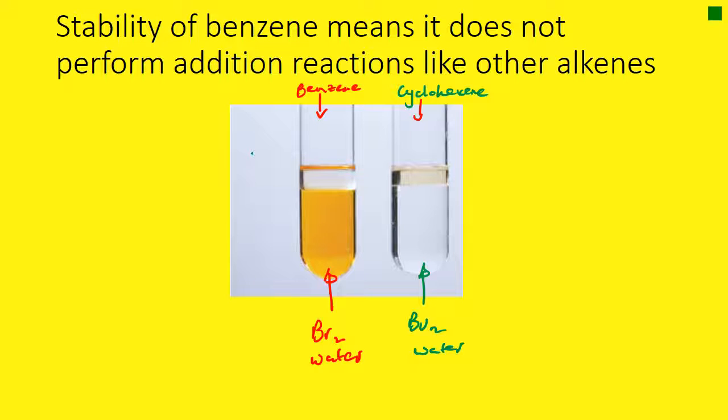So the stability of benzene from the delocalized ring means that we don't really do addition reactions like other alkenes, but they do react. They do substitution reactions. We're going to talk about substitution reactions subsequently, but briefly, they are reactions that swap one group for another group.